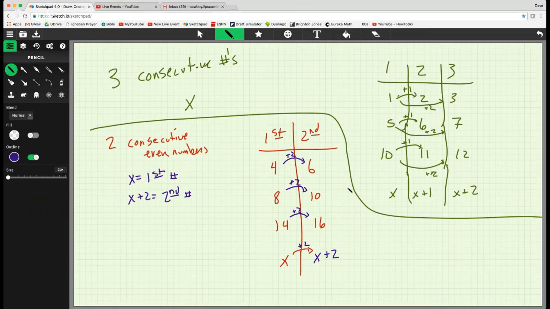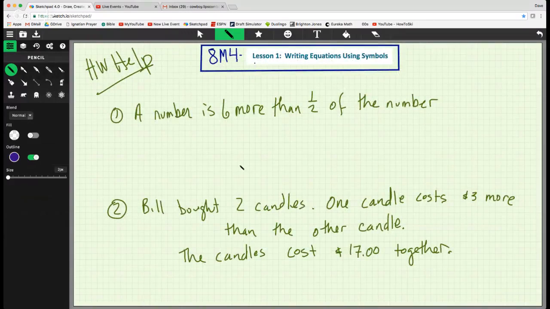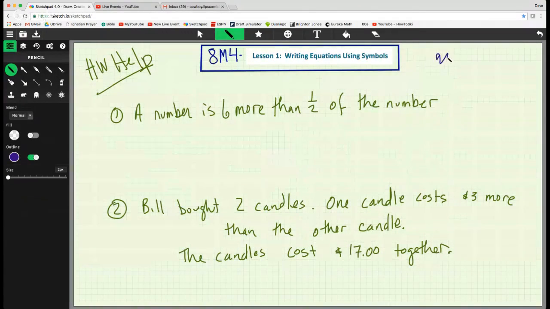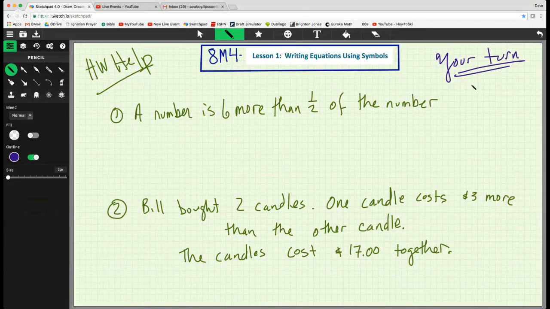Now we're going to just go straight to homework help. We got 5 homework help problems. Let me figure out where they are. Here's the first 2. Okay, so this is your turn. We're just going to write the equations.